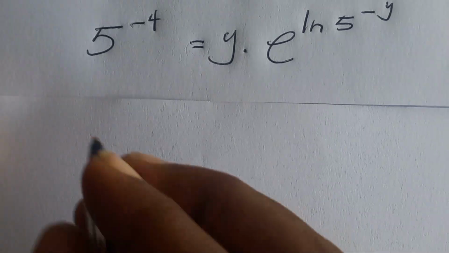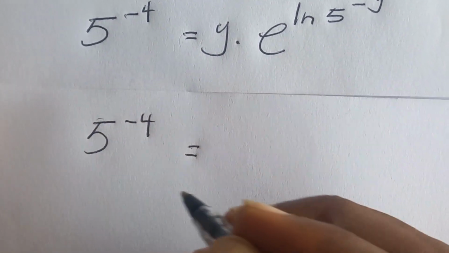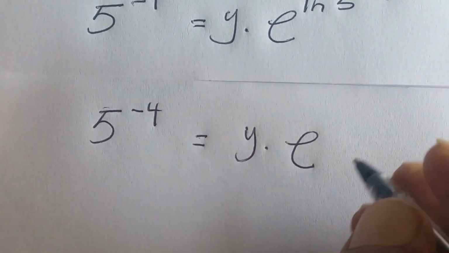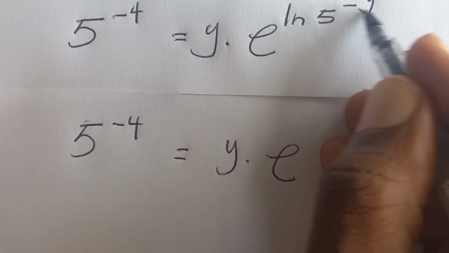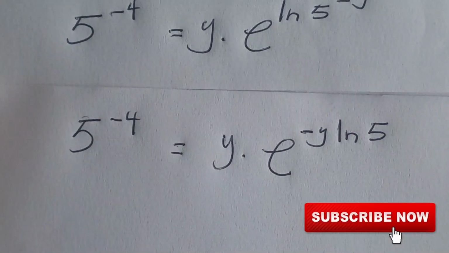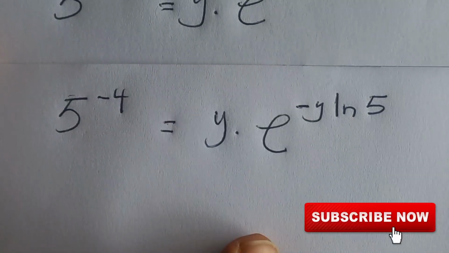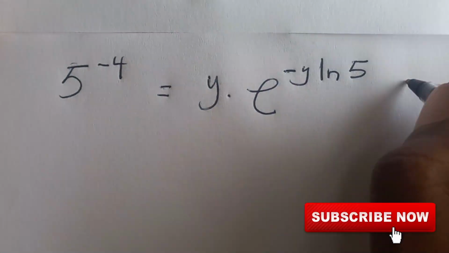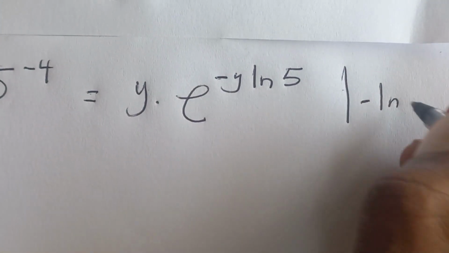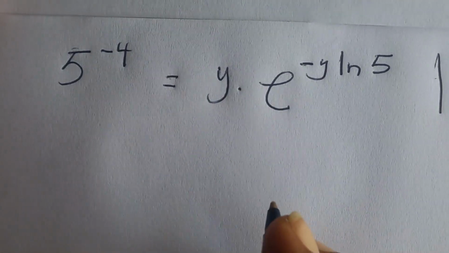So now let us write this. We are going to get 5 exponent negative 4 is equal to y multiplied by natural log of 5 exponent negative y, so it will be negative y ln 5. Now, let us multiply both sides of the equation by negative ln 5.